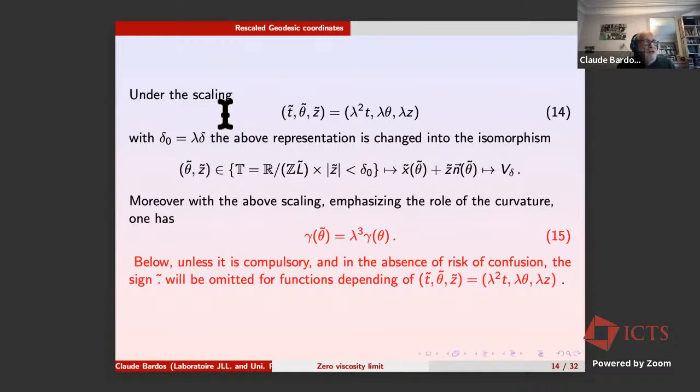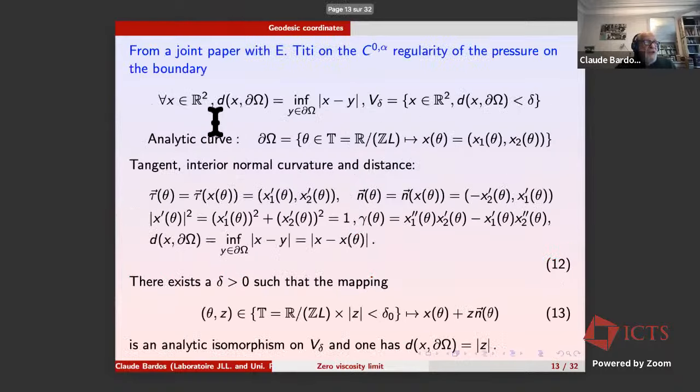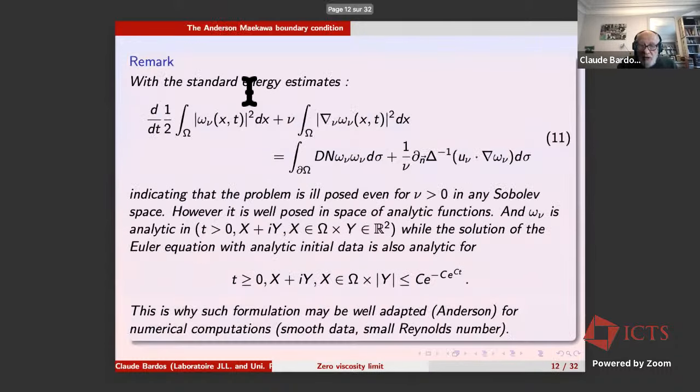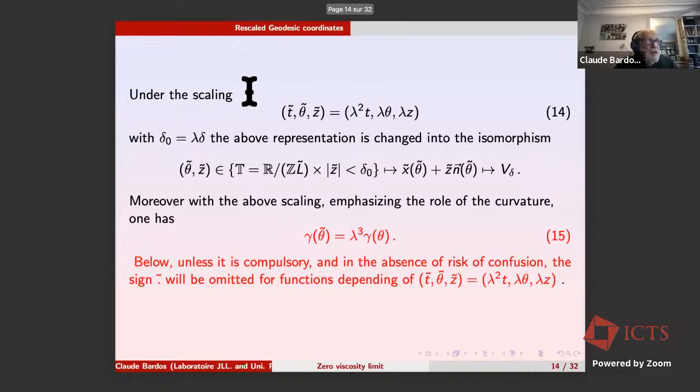I will use the invariance of the parabolic equation, which is in equation 14, which is well known: if you multiply t by lambda squared, theta by lambda, and z by lambda, because they are scaling parameters, then you keep the Navier-Stokes equation, the parabolic equation. And this transformation will change the boundary condition in equation 15.